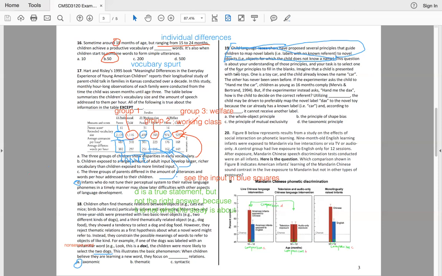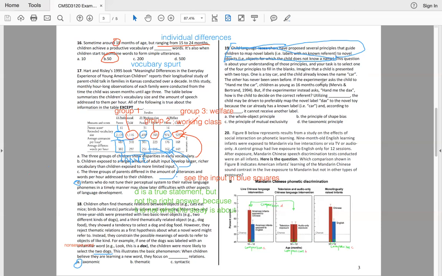Imagine that a child is presented with two toys. One is a toy car, and the child already knows the name car. The other has never been seen before. So one of the objects is a novel object without a label.